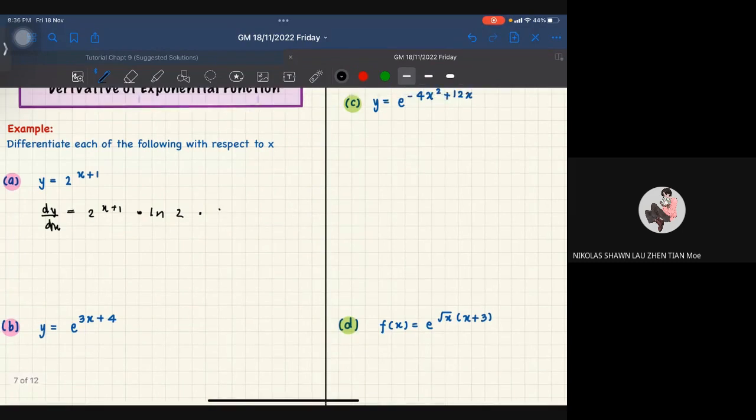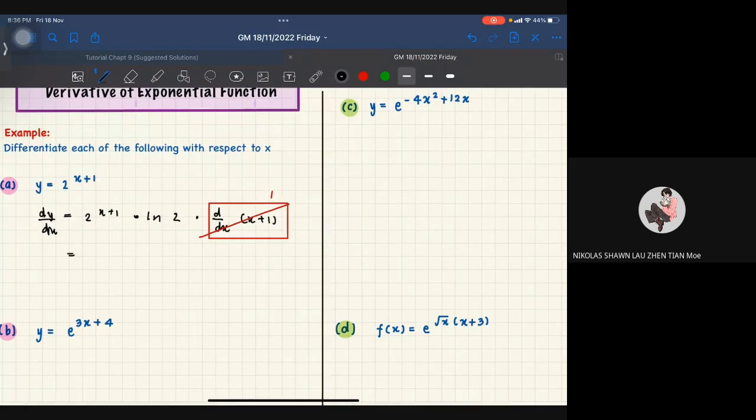Saya tulis dekat sini d/dx (x + 1). Tapi in this case, d/dx (x + 1) ni sama dengan 1 sahaja. So tak perlu masukkan sekali, just cancelkan sahaja.